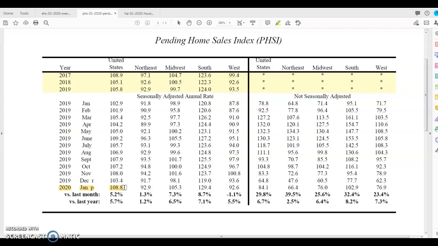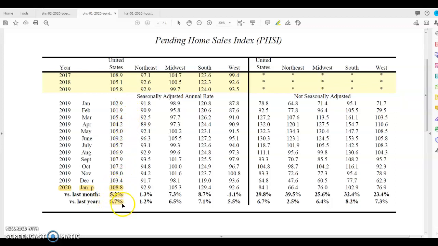We usually aren't comparing base year to the current period, so we would just take the index from a prior period and compare that in percentage terms to the current period. And if you do that, you get 5.2% increase in pending home sales from December 2019 to January 2020. And then you get 5.7% increase in pending home sales from January 2019 to January 2020.